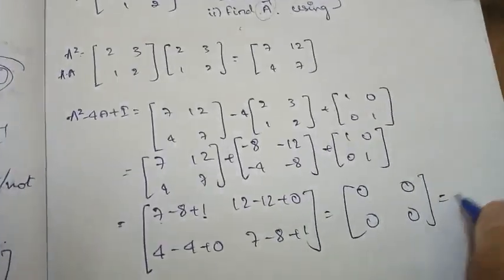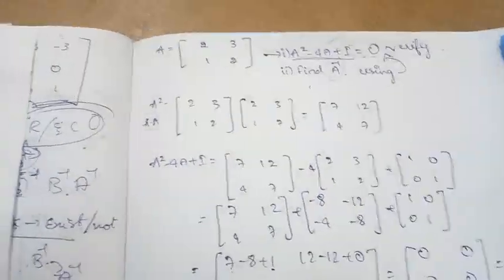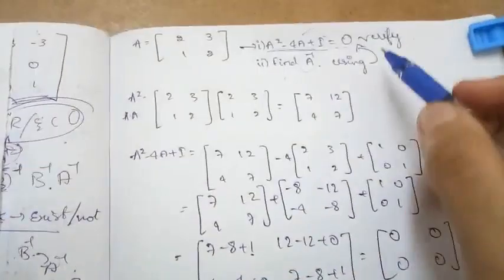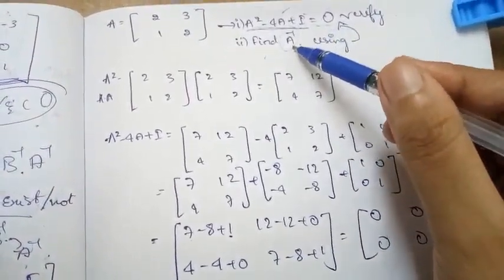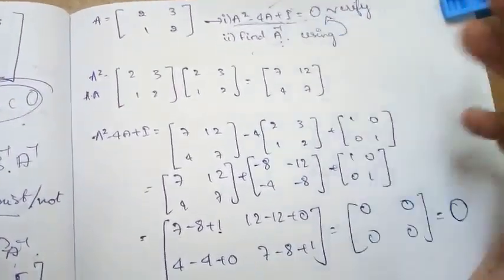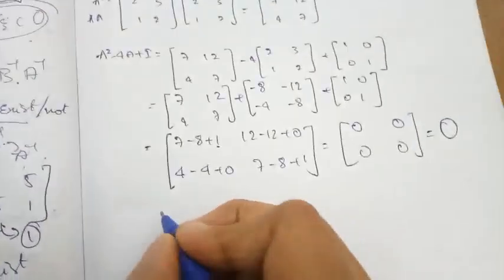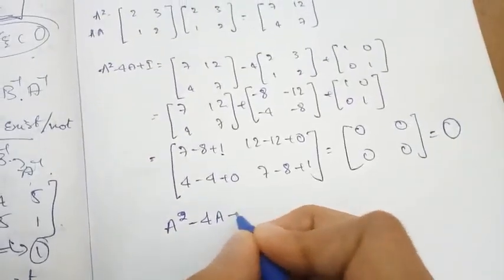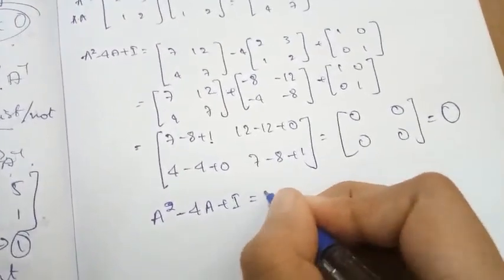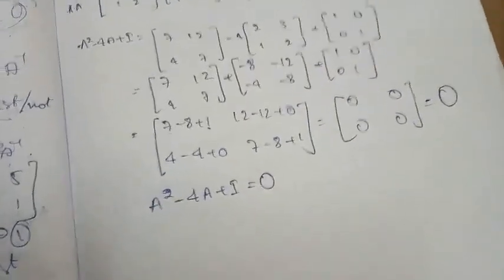Which is 0 0 0 0, nothing but O, our zero matrix of order 2. Thus we have verified this equation. After verifying, they ask you to find the A inverse with the help of this equation. So I write that equation: A square minus 4A plus I is equal to the zero matrix O.